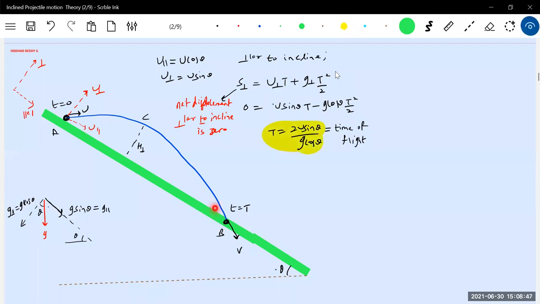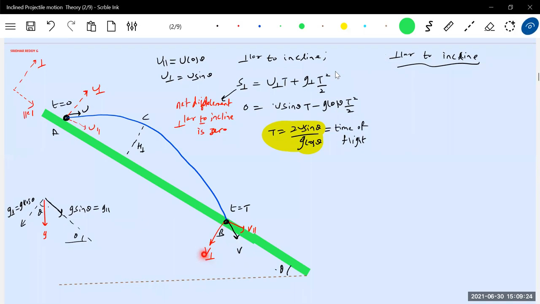After getting the time of flight, I'm interested in knowing the speed, with what speed the ball will come and strike back the inclined plane. This has to be determined. So here, this velocity also we will resolve. It will become V parallel and V perpendicular. Again, perpendicular to the incline, V equals U plus at form.